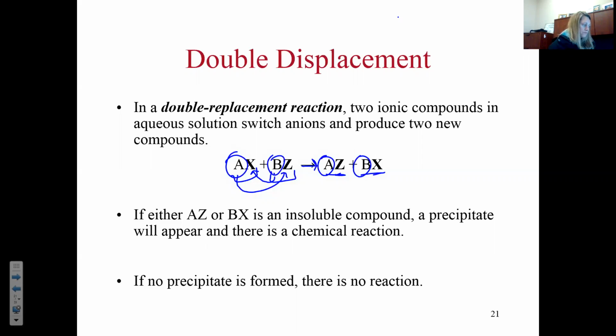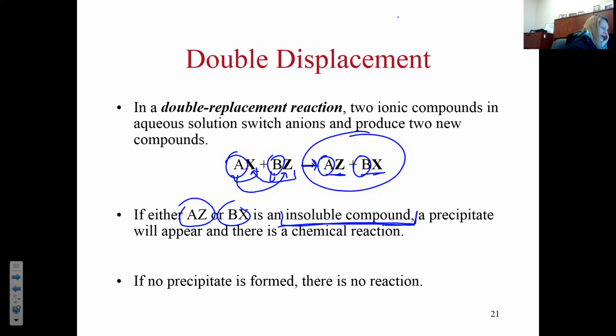Okay. So to determine whether or not these can occur, we look at whether AZ or the BX, so these two compounds, are insoluble compounds or whether they are soluble compounds. If they are insoluble, then a reaction occurs.